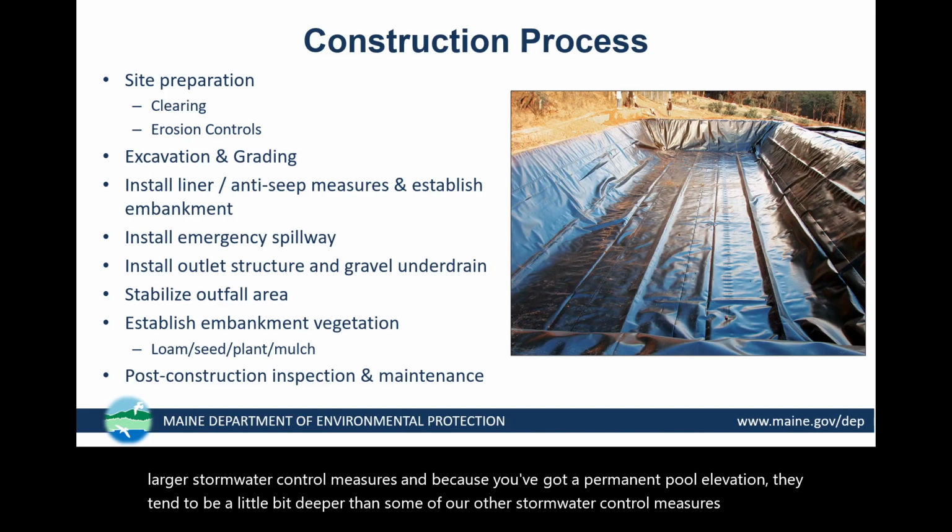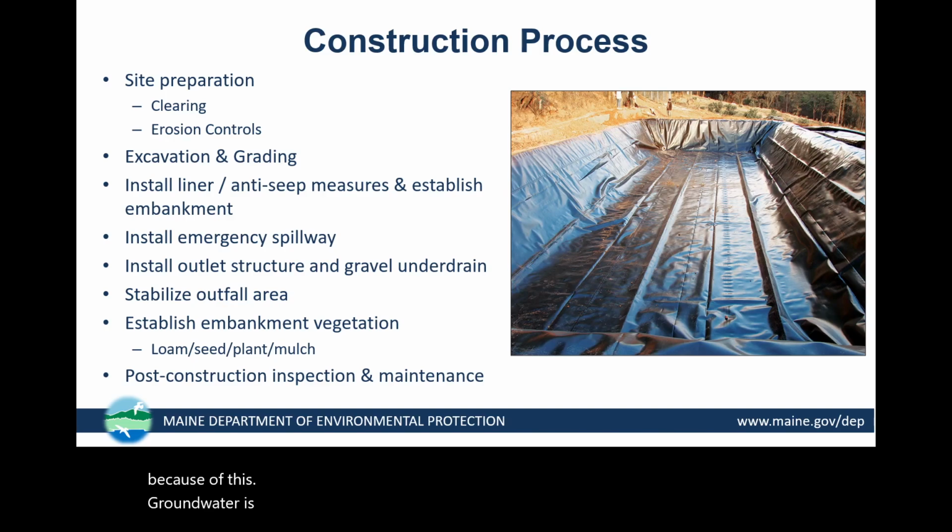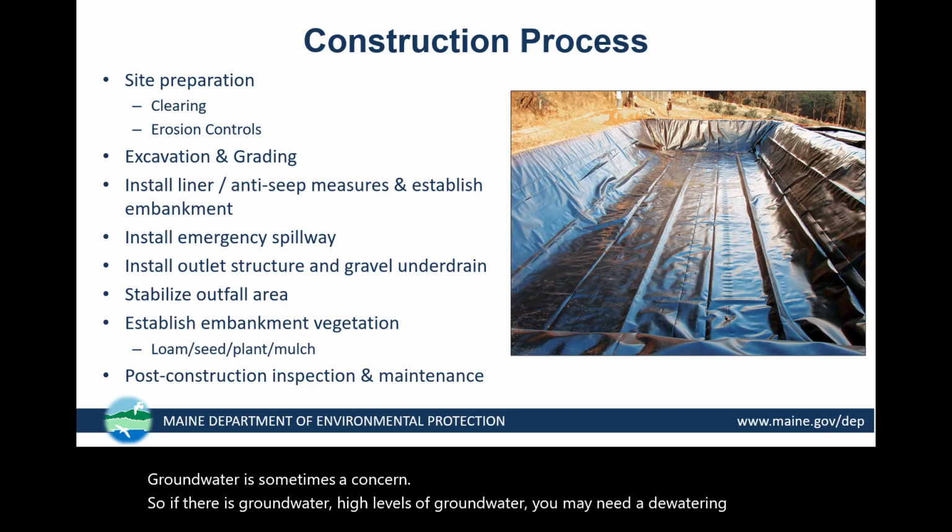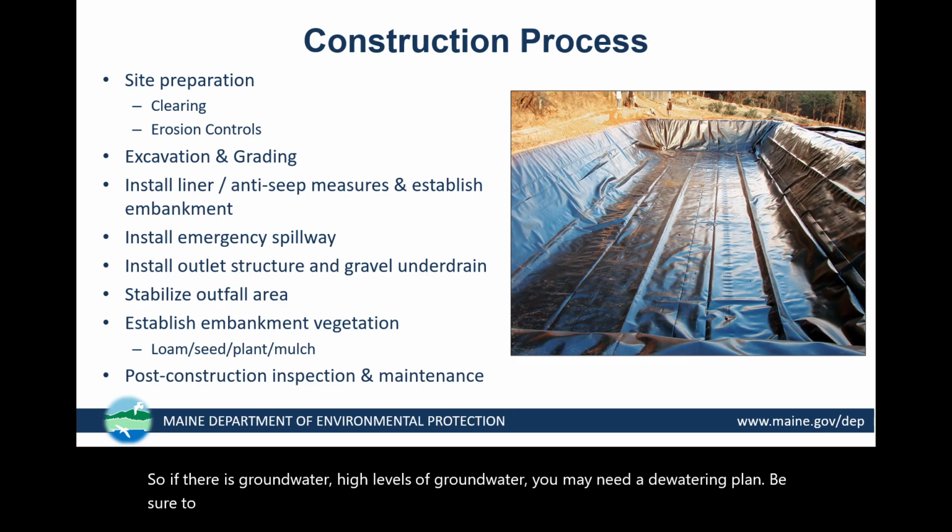Because of this, groundwater is sometimes a concern. So if there is groundwater, high levels of groundwater, you may need a dewatering plan. Be sure to check the details provided by the engineer. But that's excavation and grading.